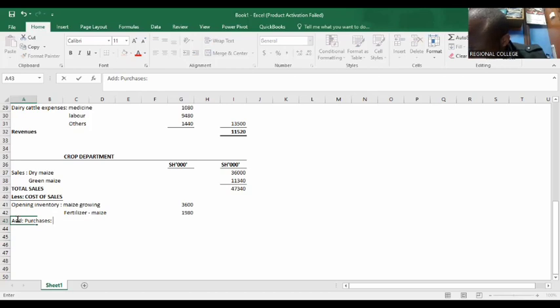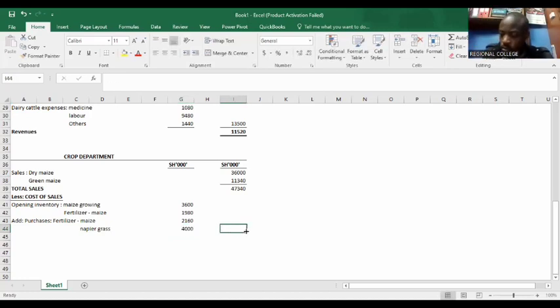So fertilizer purchases: for maize is 2160, and for Napier grass is 4,000. Then we have maize seeds, 1080.